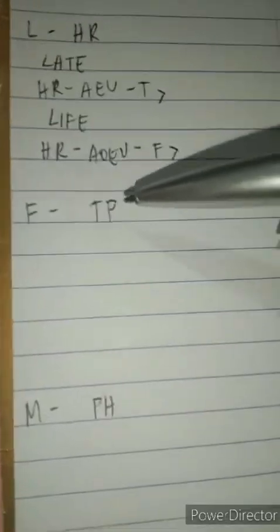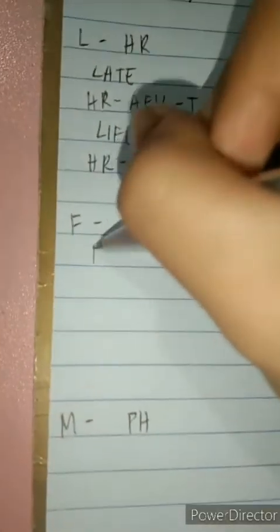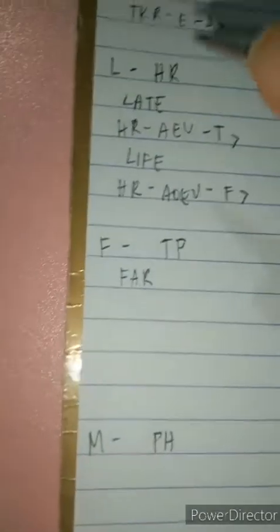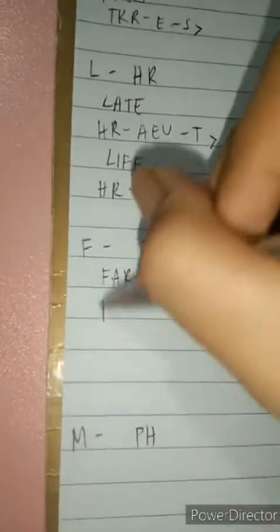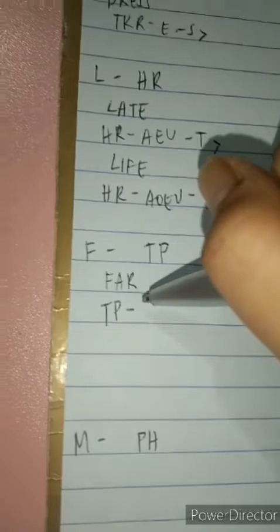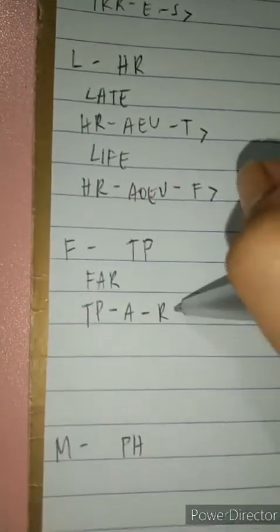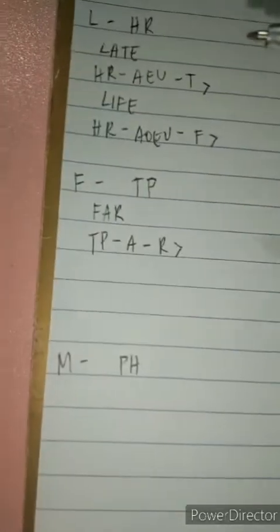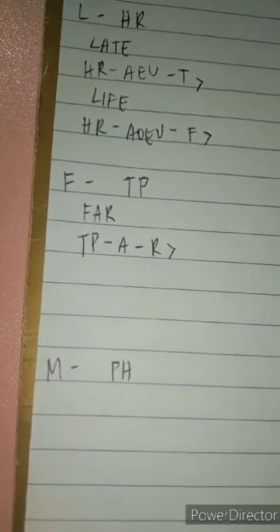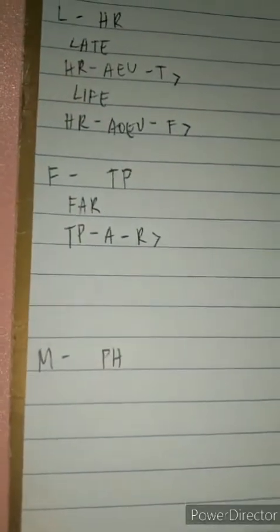And the next, F, represented by T and P. So, example, far. So, TP. Then, short A, and then, ending sound R, and then, release. So, that's it. That easy. And then, the word free.